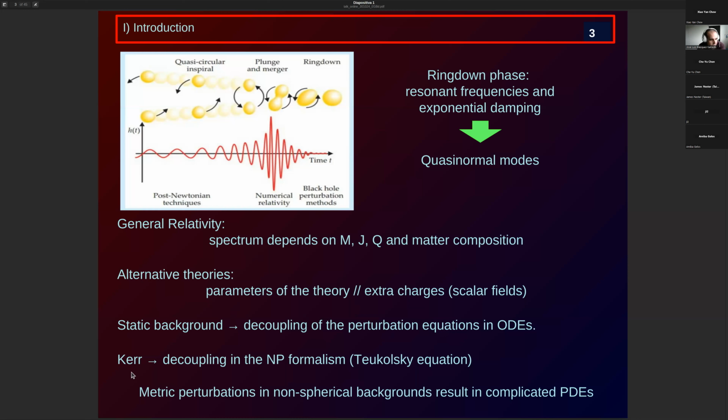In Kerr, this is a bit more involved. Now you don't have spherical symmetry, you have axial symmetry, but still in GR, for the Kerr solution, you can find the right gauge, if you want, to decouple the equations into a set of ODEs, essentially. This is done using the NP formalism.